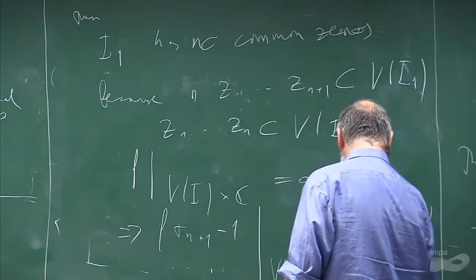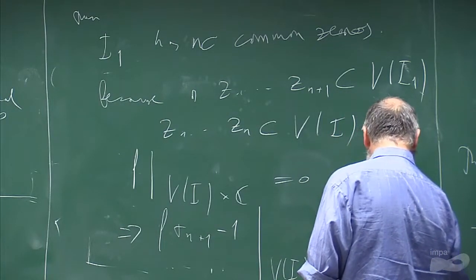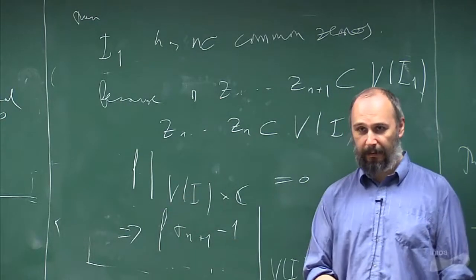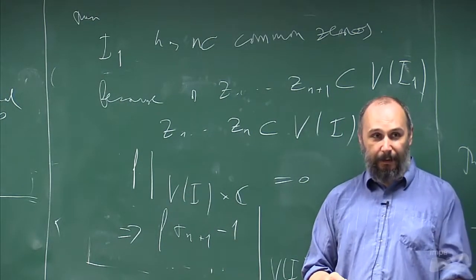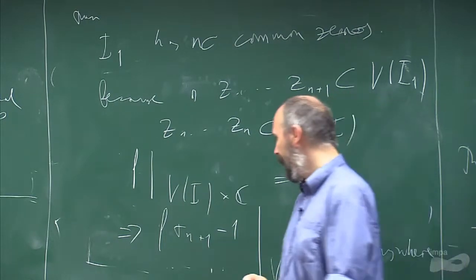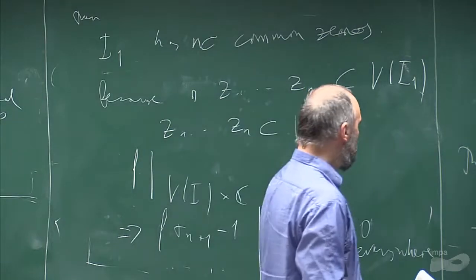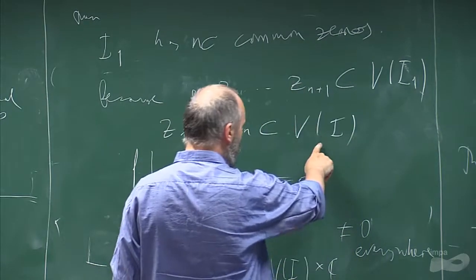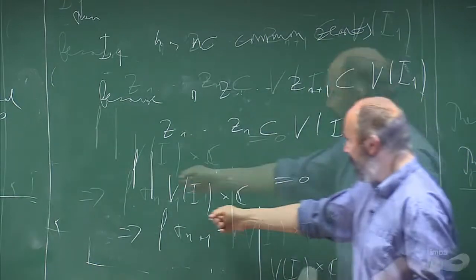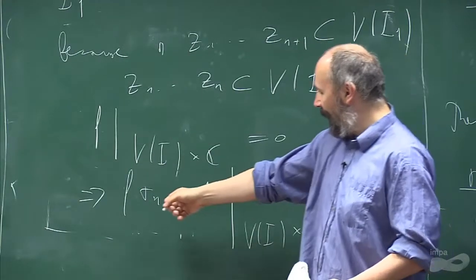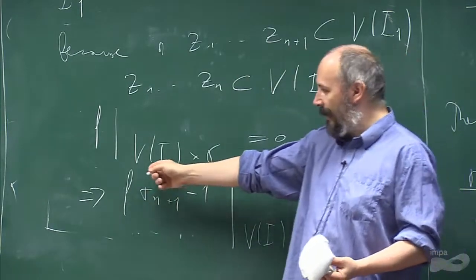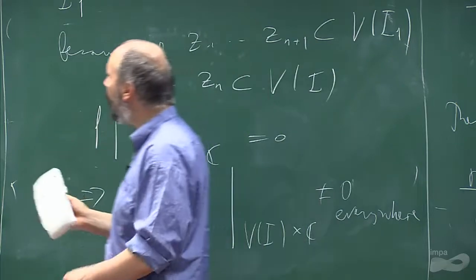So everywhere non-zero, because 1 is non-zero and f restricted to this set is 0. We obtained an ideal which has no common zeros. Again, because of the common zeros of this: first there is this set, but then the extra generator which we added is non-zero everywhere on this set.